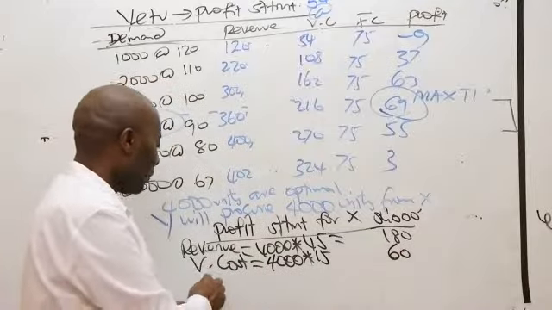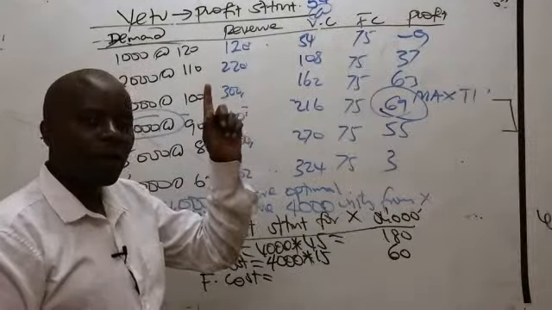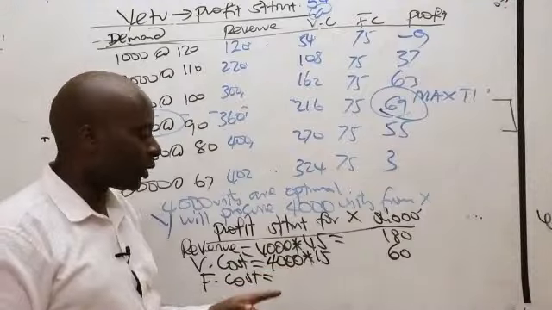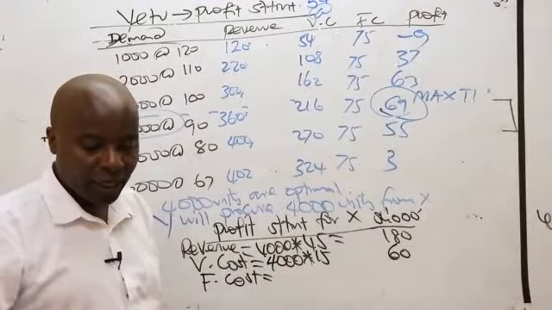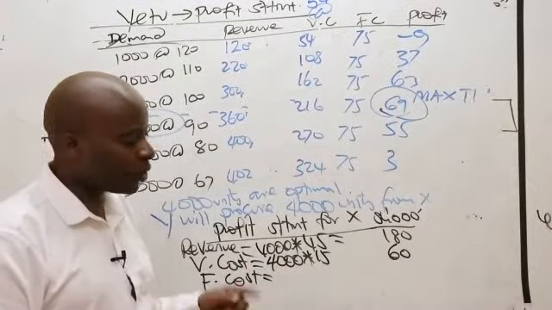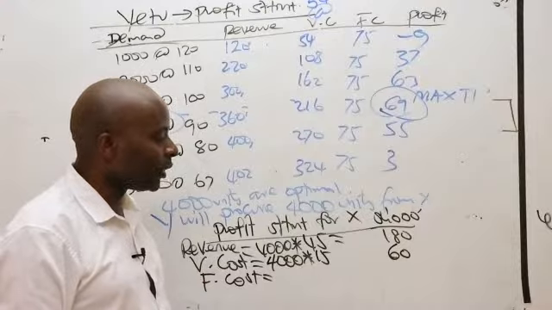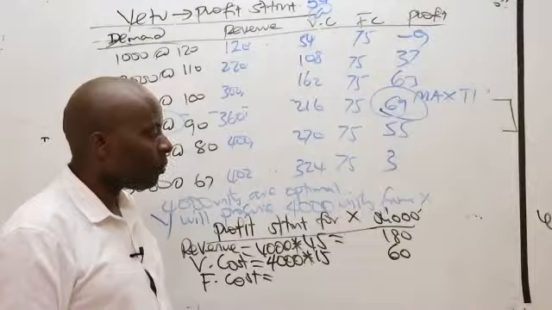And then, ladies and gentlemen, we have the fixed cost of X, which has been given there. I hope you're able to see the comments there. Fixed cost of X equals what here? Okay, fine.